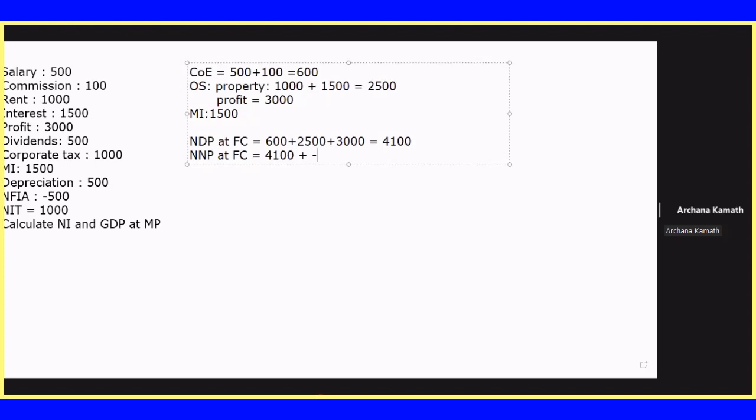NFIA is equal to minus 500. Madam, NDP at factor cost is missing mixed income, MI. Yes, so it was plus 7,600 from the previous one. 7,100 was the national income. And GDP? 9,100. Okay, thank you.